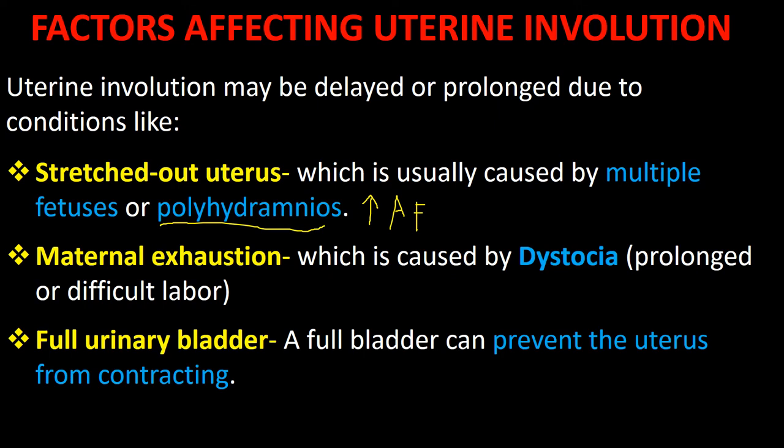So, kung punong-puno po yung bladder, hindi po makakapag-adjust ng mabuti si uterus, hindi siya makakabalik sa dating position because the bladder is occupying a lot of space in the abdomen. Kasi nga po, punong-puno siya ng ihi. So always remember that a full urinary bladder will also impede uterine involution.